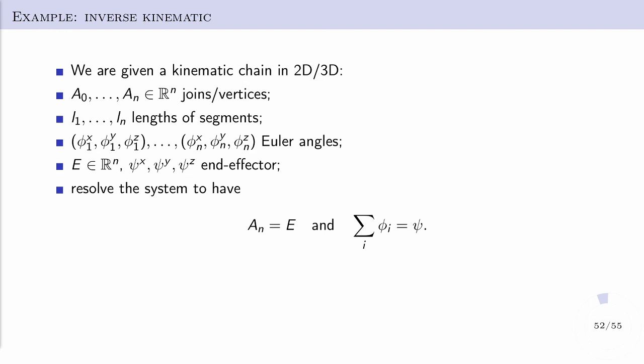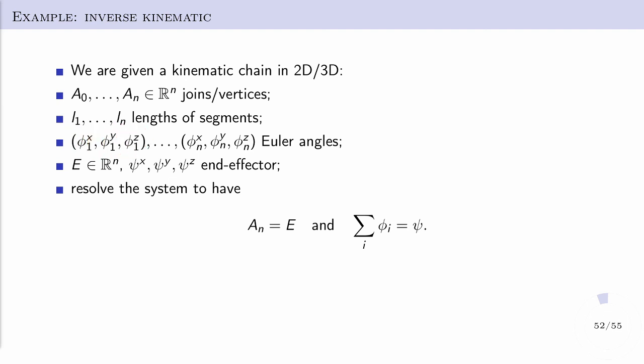These joints are connected by rigid segments of length L1 up to Ln, and they can rotate around one or three axes, and the rotation is described by the angles phi i x, phi i y, phi i z.